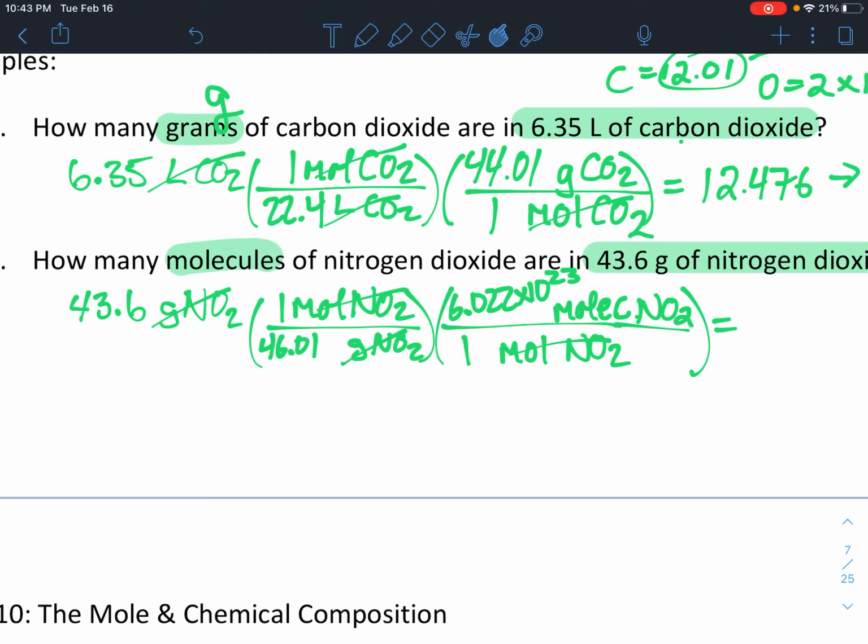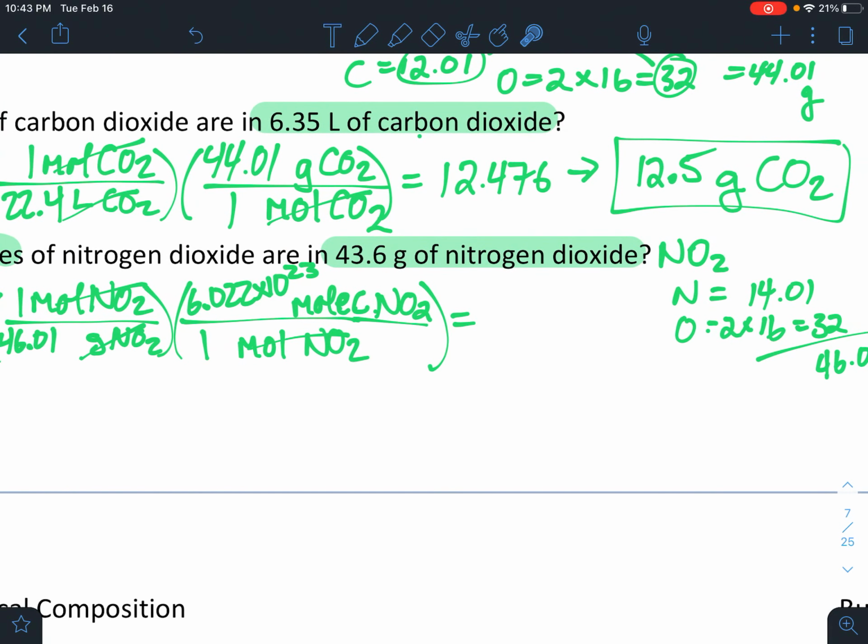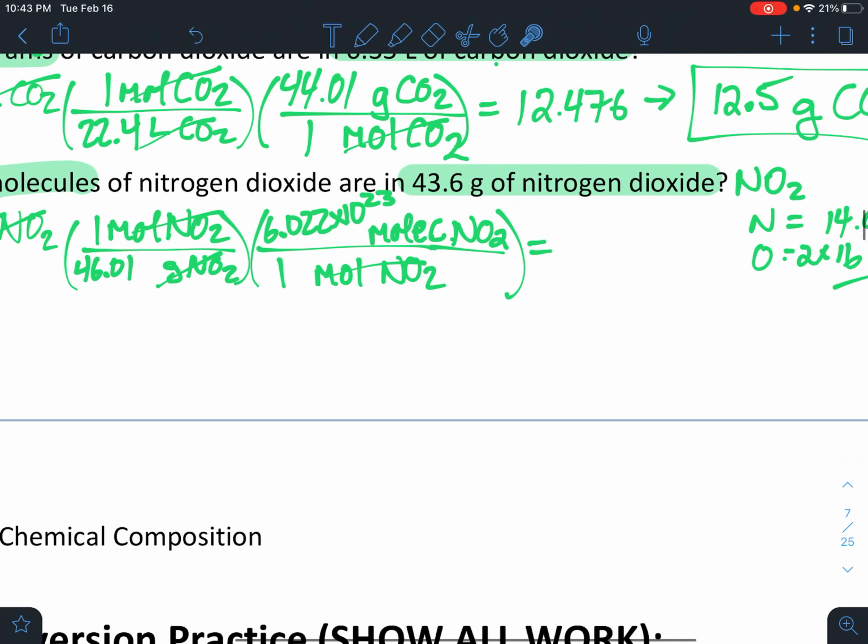Now, because we're going to molecules, we should get a massive number. So if you end where you're converting to molecules, ions, atoms, you should get a very big number that has an exponent. And that's kind of how you can check your answers with those as well. You should always expect something with a times 10 if you're using Avogadro's number last, basically.